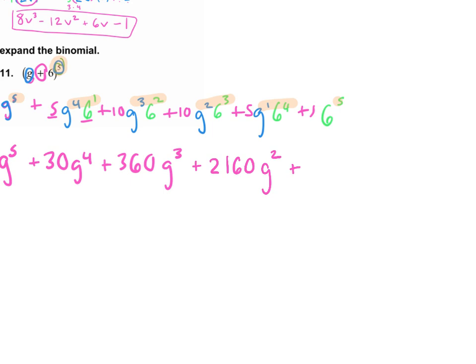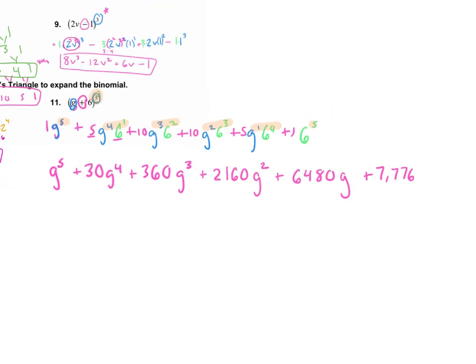G to the 4th power would be 1,296, and then times 5, so this would be 6,480 g, plus 6 to the 5th power, which would be 7,776. So this would be our final answer.